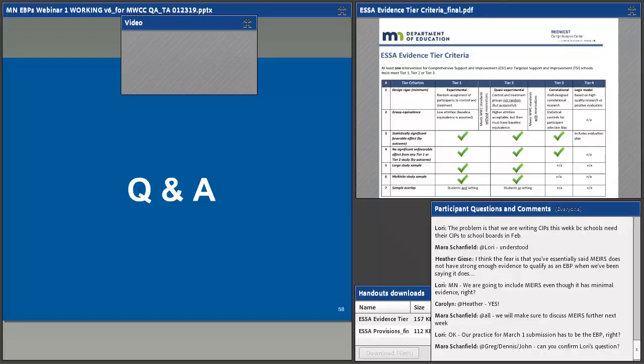Not to say that I still couldn't make a value judgment on whether what you're describing meets the tiers or not, but that's one other contextual fact to keep in mind. We're going to follow up right after this and try to reconcile that, so we may reach out to you for a little more clarification.